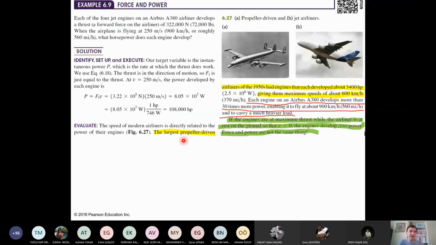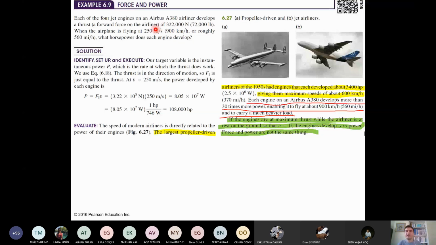Each of the 4 jet engines on an Airbus A380 airliner develops a thrust, a forward force on the airliner, of 322,000 Newton when the airplane is flying at 900 kilometers per hour. This is the common speed of planes, okay?